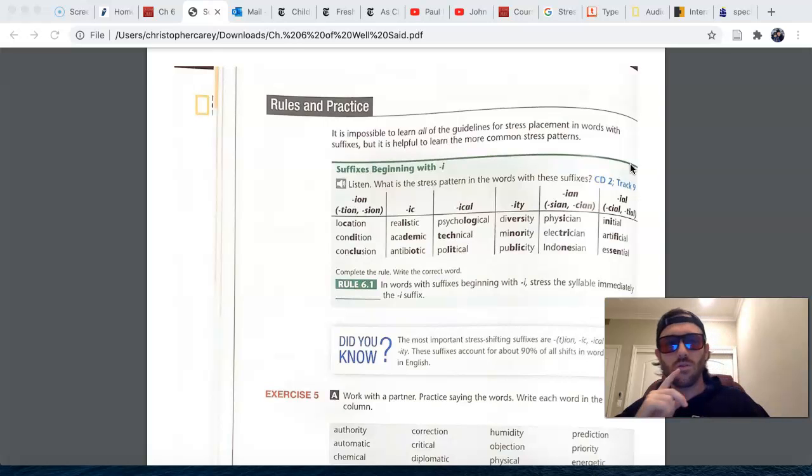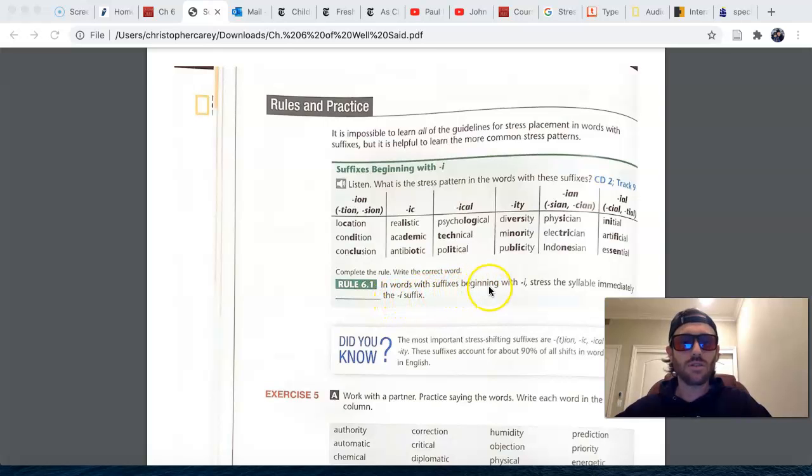So what can we conclude about words that have suffixes beginning with I? We can conclude, and this should be added to your notes, always include these rules in your notes: words with suffixes beginning with I stress the syllable immediately before the I suffix.